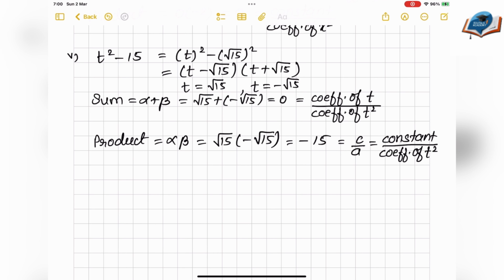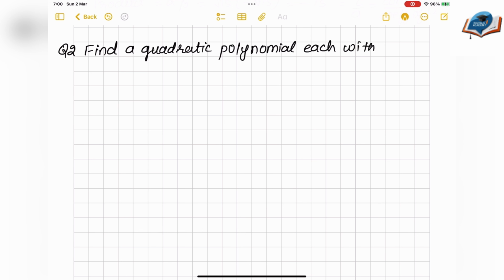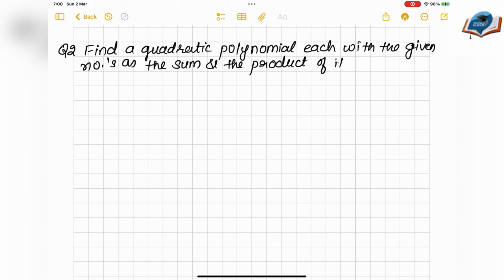Now coming to question 2, it says find a quadratic polynomial each with the given numbers as the sum and the product of its zeros respectively.